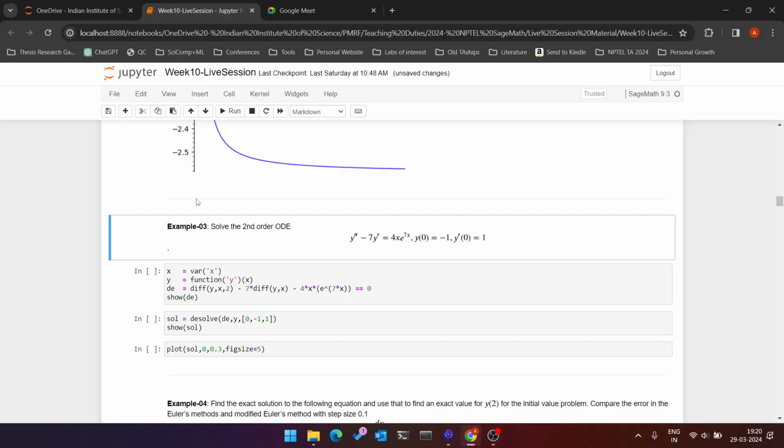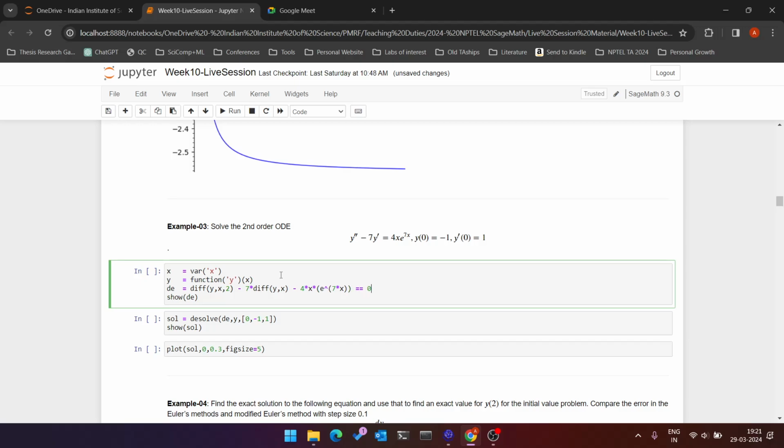Example number 3. Solve the second order ODE, which is given as y double dash minus 7y dash equals 4x into e raised to 7x, with the initial condition y at 0 being -1 and y dash at 0 being +1. So how do we do this? First, specify variable x, then specify y as a function of variable x. Next, write down the differential equation as diff of y comma x2, which is the second derivative of y with respect to x, minus 7y dash minus 4x into e raised to 7x.